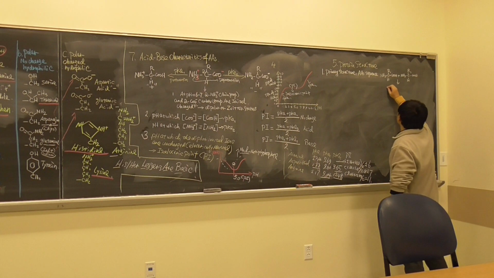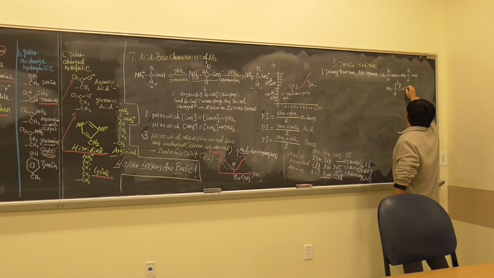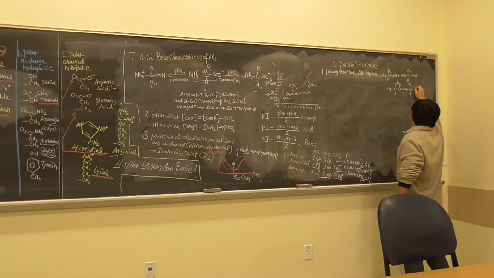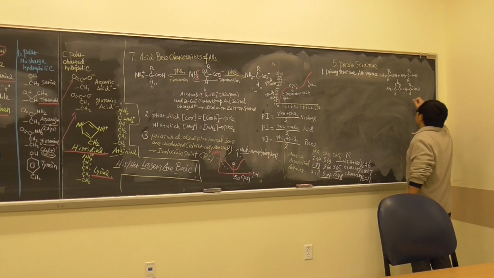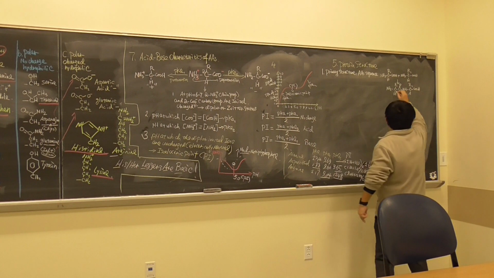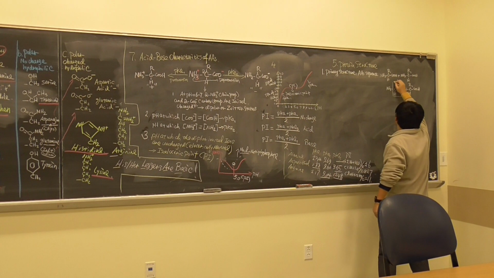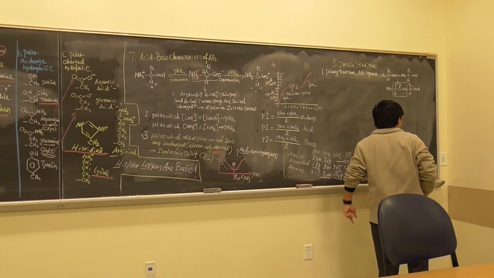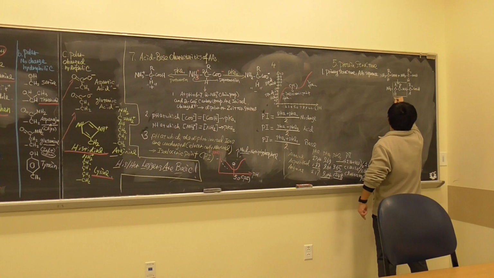So we become NH2, CR1H, C, then NH, then CR2H, COOH. Here, you should always remember, this is called a peptide bond. Is that right?